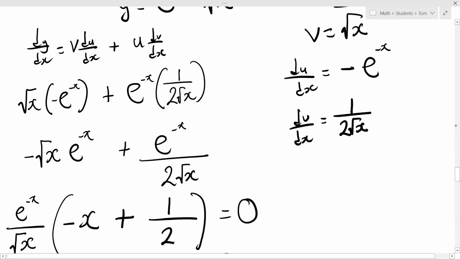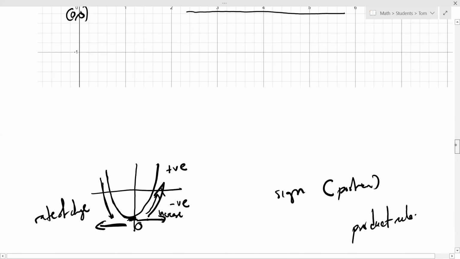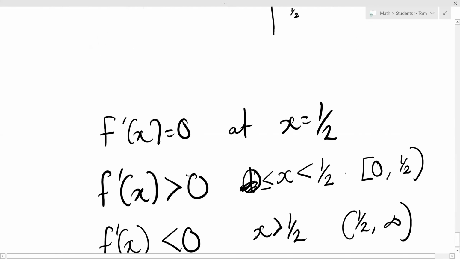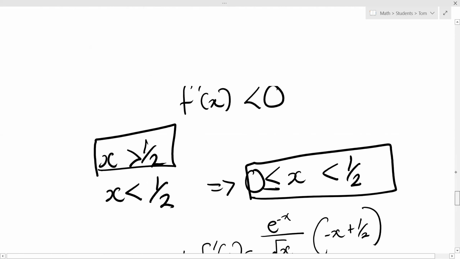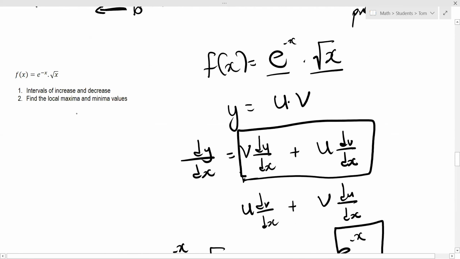Since we've been able to decide that it increases before x is equal to half and decreases after x is equal to half, you can answer the next one: find the local maximum and minimum values.